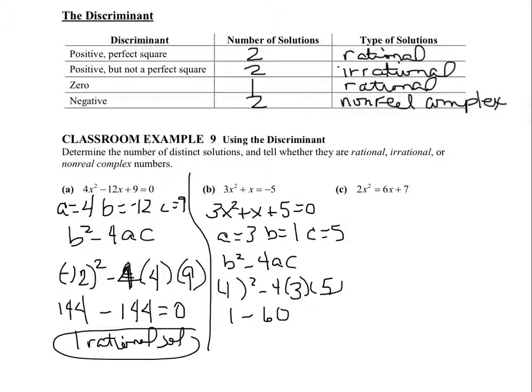That's minus 60. 1 minus 60 is a negative 59. What would a discriminant value of negative 59 tell me? Well, if I look at the table, I have two solutions and they are non-real complex.